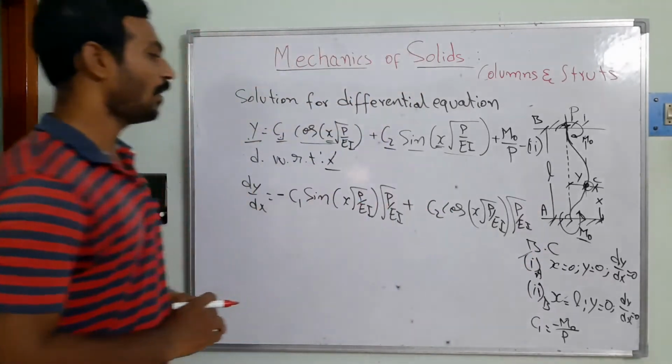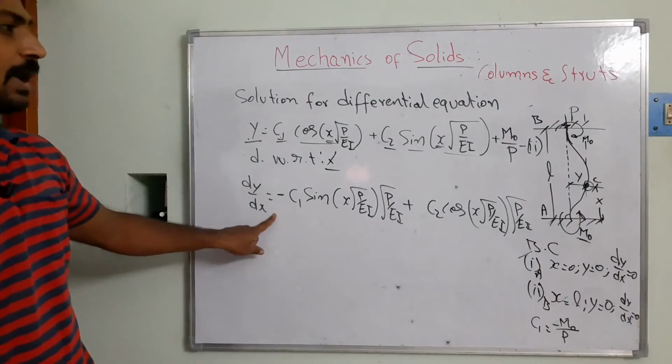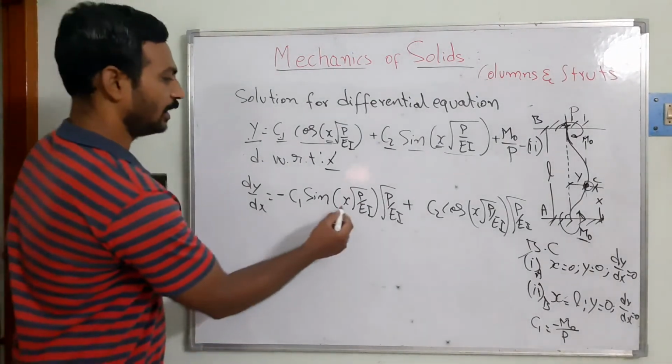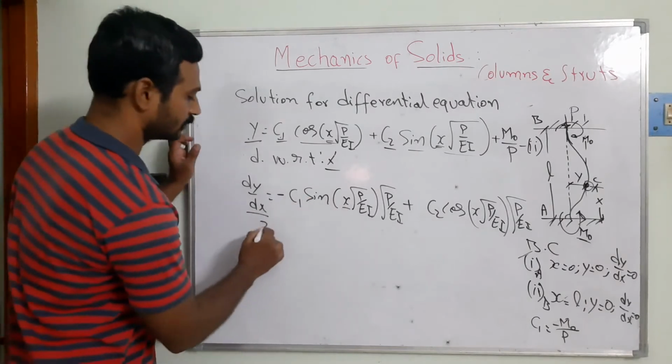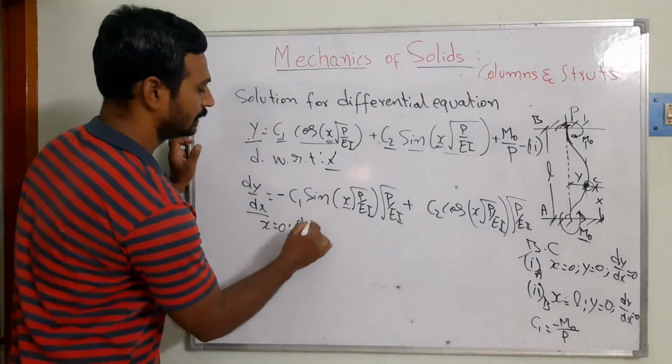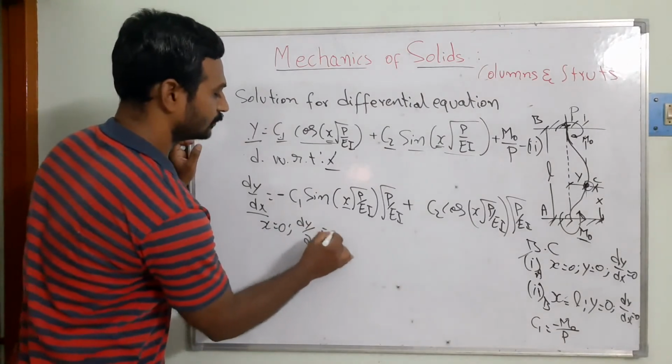So can you see here, once I get this equation, I am going to substitute. What are the variables here? dy/dx as well as x, these two parameters. That is going to be x is equal to 0, dy/dx is equal to 0.